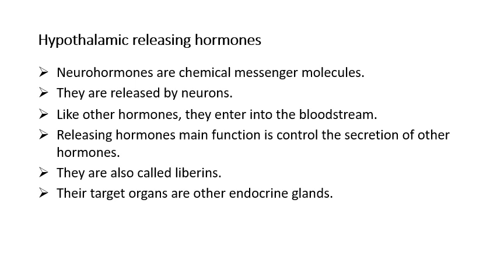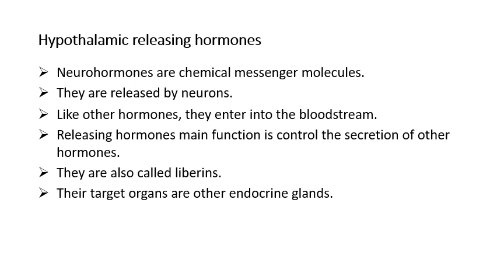And these releasing hormones have the main function to control the secretion of other hormones. These hormones do not have any direct physiological role. Actually, they control the secretion of other hormones, which in turn will have their own functions.